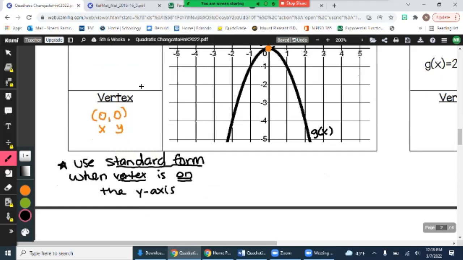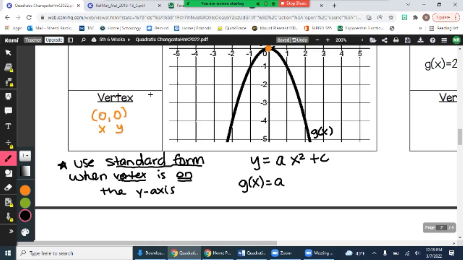Now, writing the equation in y equals form, you would simply write it as y equals ax squared plus c. This is the equation that we saw on Thursday. When we changed it to f of x form, we started with the name of the new function, which is g of x, h of x, p of x.